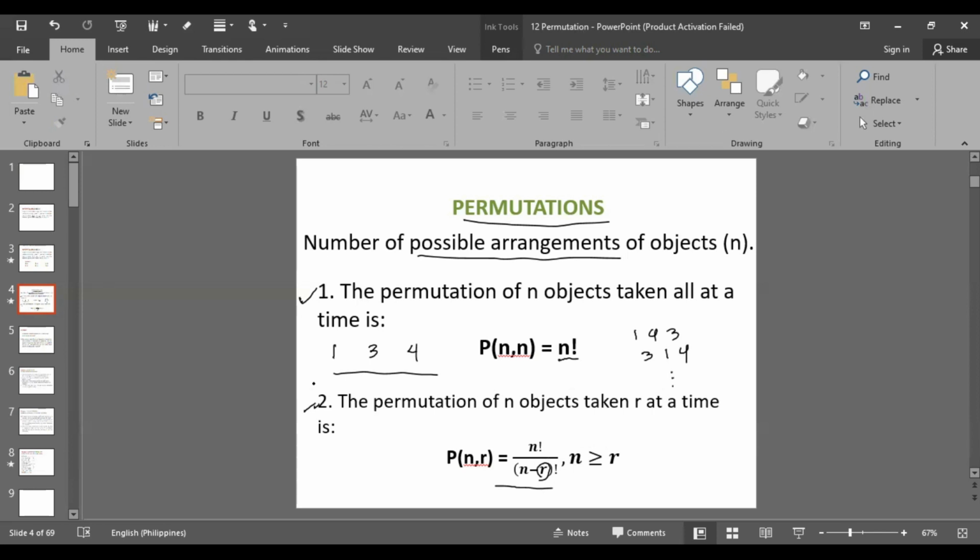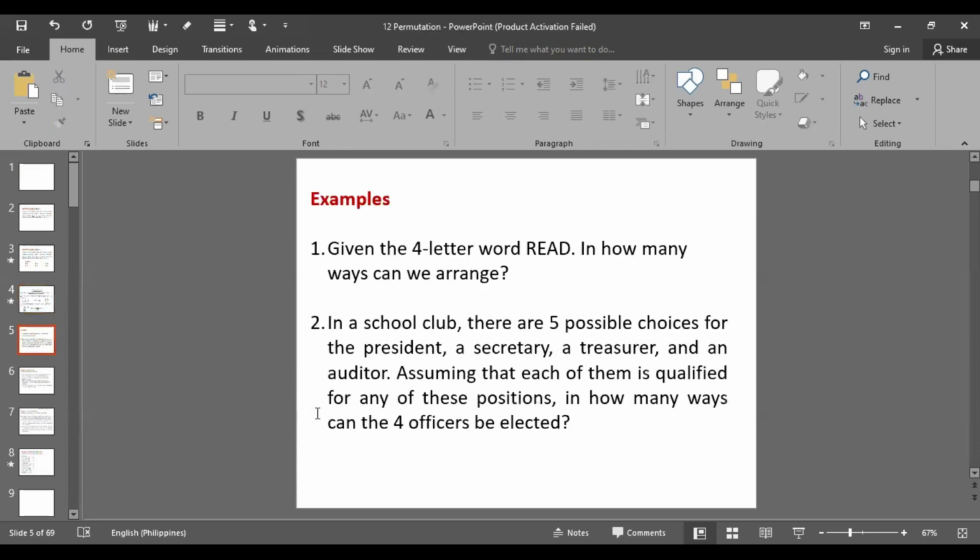Say for example, di ba meron tayong tatlo, 1, 3, and 4. Kung dalawa lang ngayon yung isasali sa mga arrangements like 1, 4, 3, 1, 1, 3, 4, 1, and so on and so forth. Okay, yan yung pinagkaiba ng case 1 and case 2.